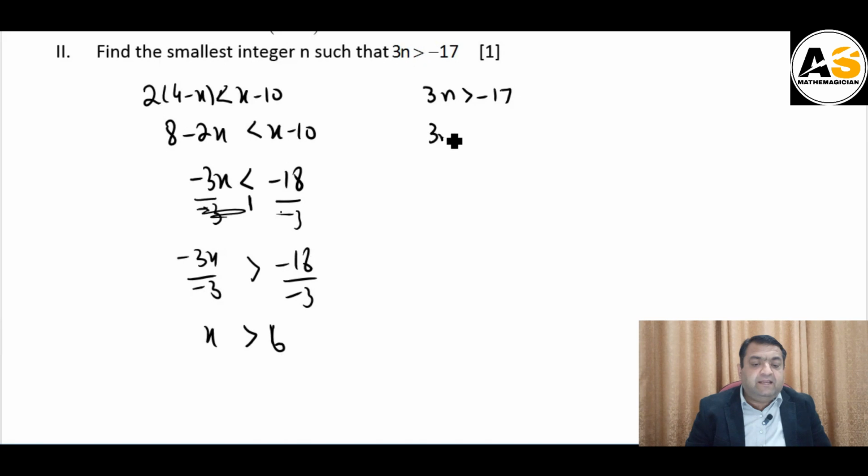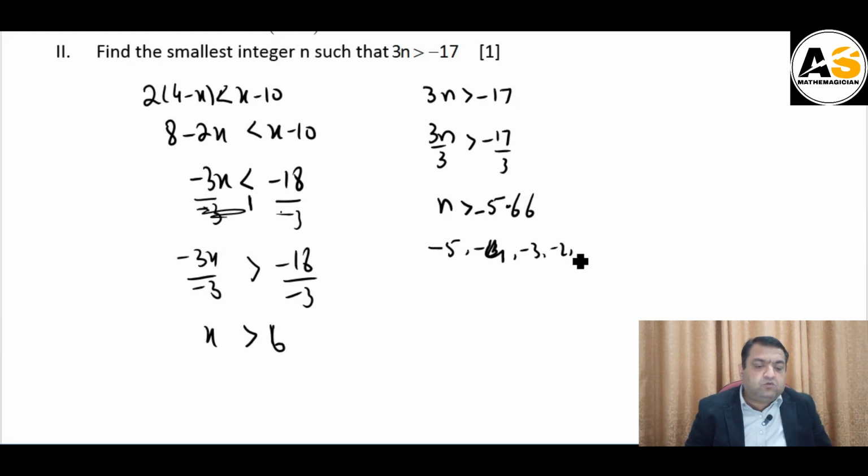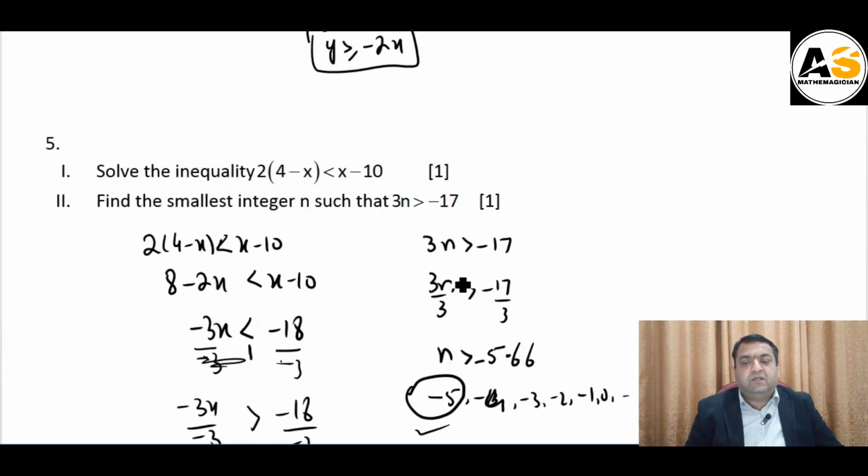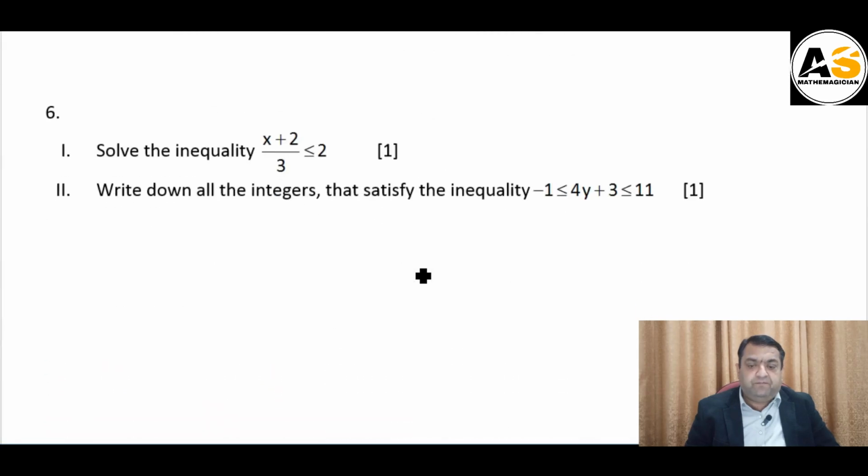I will divide by 3. n is greater than approximately -5.66. Which integers are greater than -5.6? -5, -4, -3, -2, -1, 0 and so on. Which of these is the smallest? -5. So the smallest integer satisfying the inequality is -5. This was our question number 5.